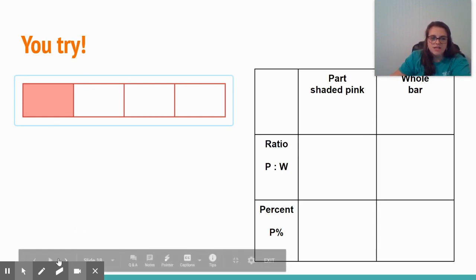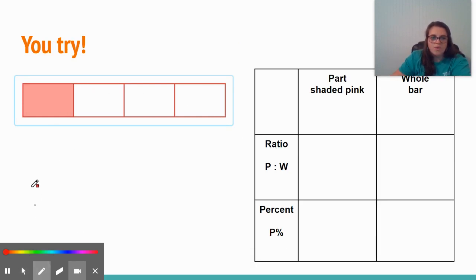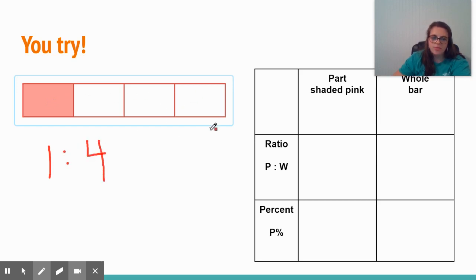The amount shaded is going to be 1, and the whole is going to be 1, 2, 3, 4. 4 pieces make up the whole. So we know that our ratio is 1 part compared to 4 in total as the whole. Now we need to find out what percent is shaded in. What percent is shaded in pink?